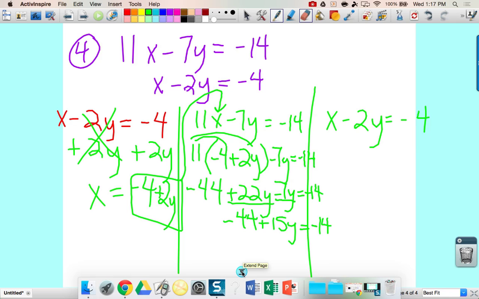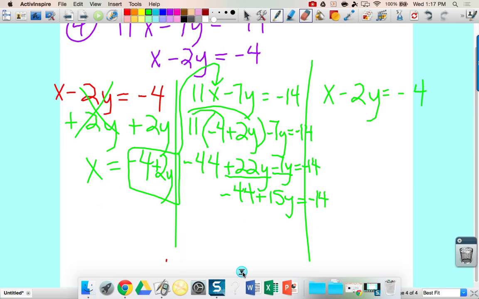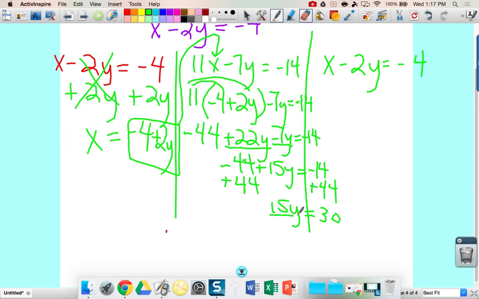Then you will add 44 on both sides. And -14 plus 44 is 30. And then you will divide by 15 on both sides to get a y value of 2.